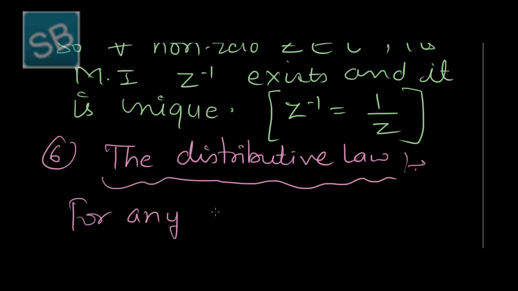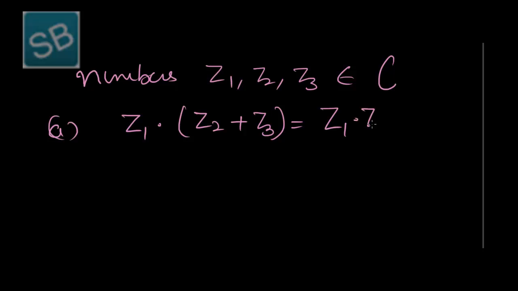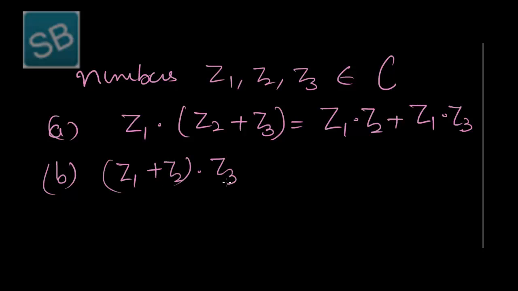For any three complex numbers Z1, Z2, Z3 belonging to the complex numbers, Z1 into (Z2 plus Z3), under the distributive law, will become Z1 into Z2 plus Z1 into Z3, and another law is (Z1 plus Z2) into Z3 equals Z1 into Z3 plus Z2 into Z3.